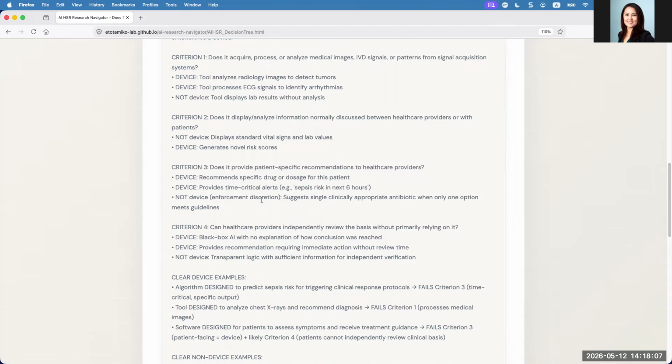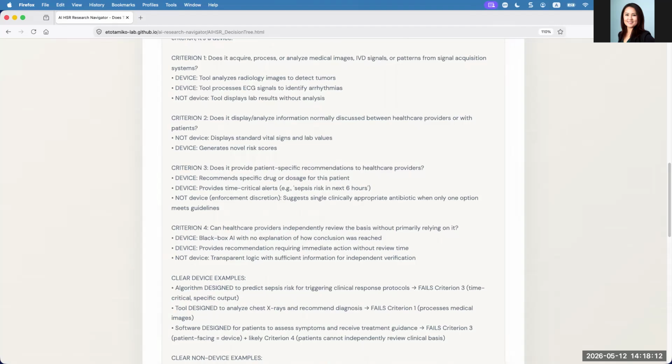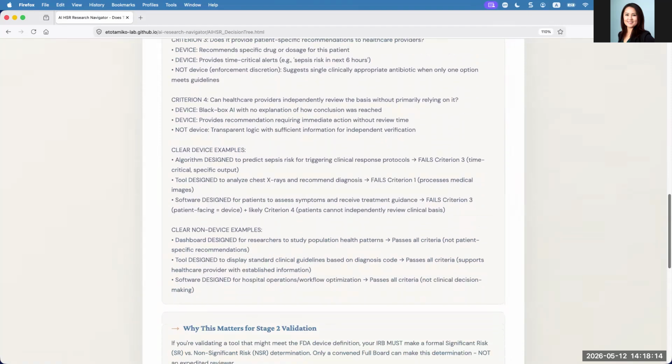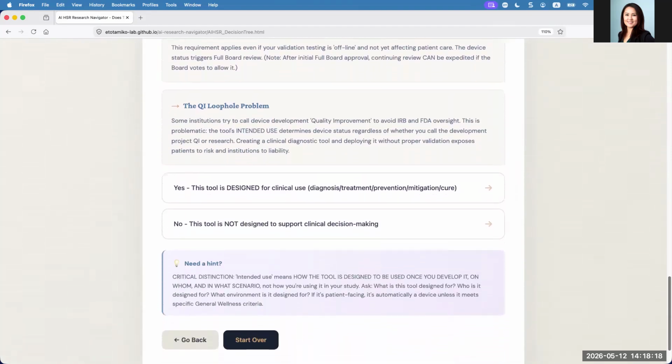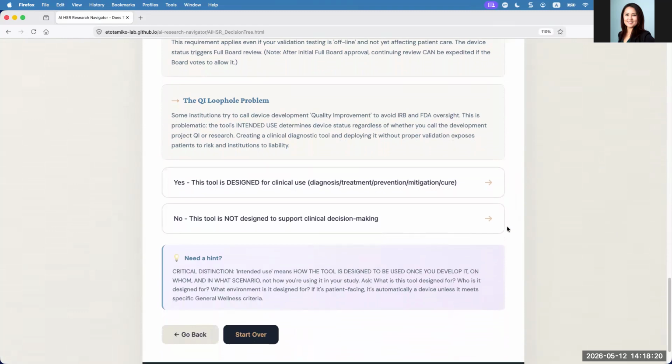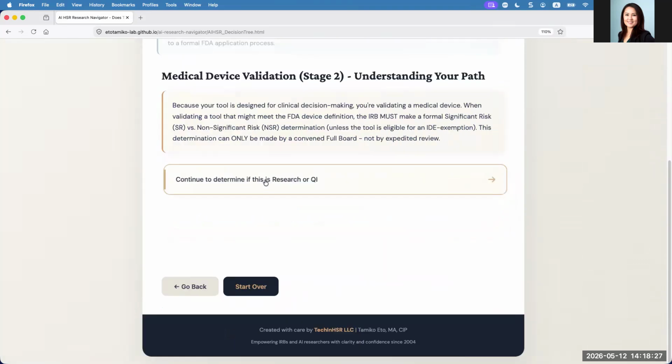And so, therefore, it does constitute a device. Because of that, we cannot call it a non device. And therefore, we are going to check yes, this tool is designed for clinical use.